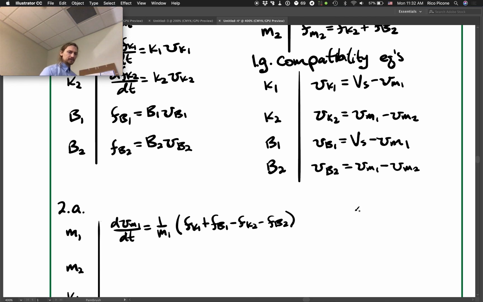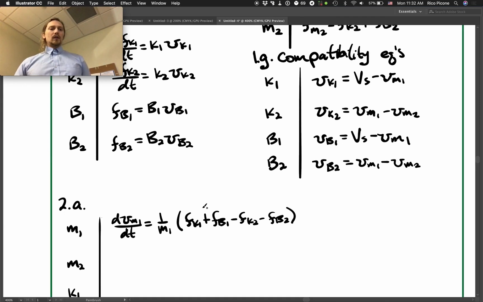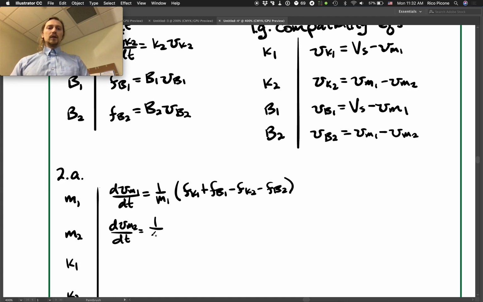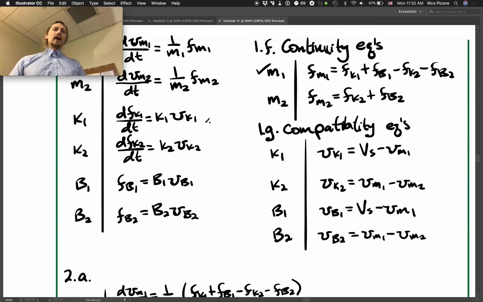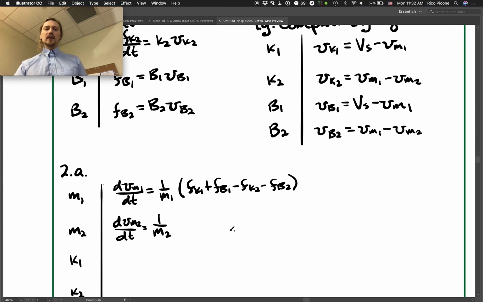Beautiful. And then M2 is similar. dVM2/dt equals 1 over M2 times FM2, but we've got another continuity equation for that one. FM2 is just FK2 plus FB2.